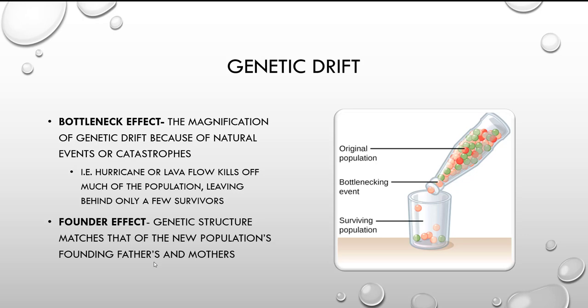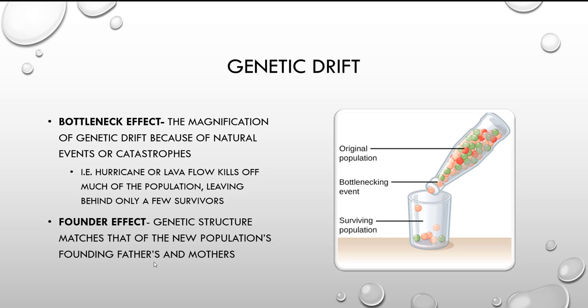So the textbook talked about a Dutch colony in South Africa that was established. In this particular Dutch colony, there was a higher incidence of Huntington's disease, and I can't remember the other genetic disorder, but that was just due to chance.